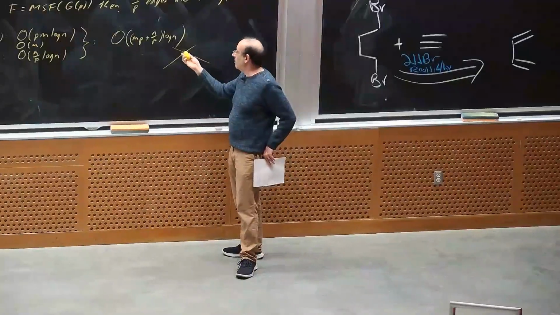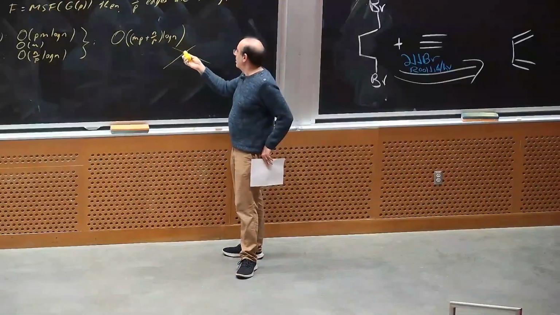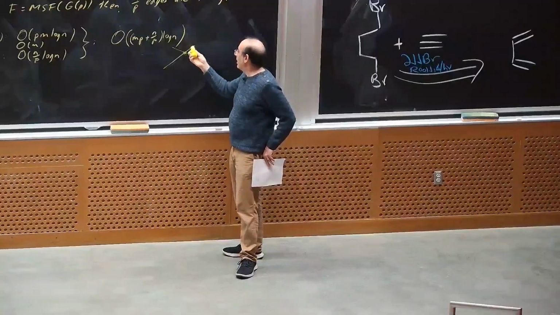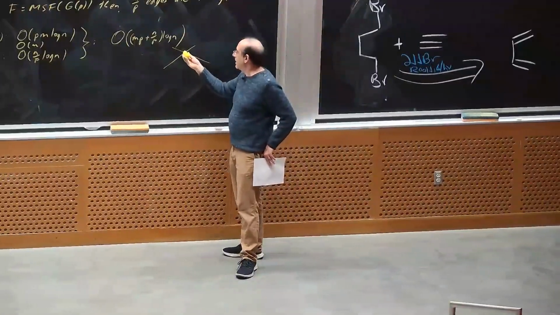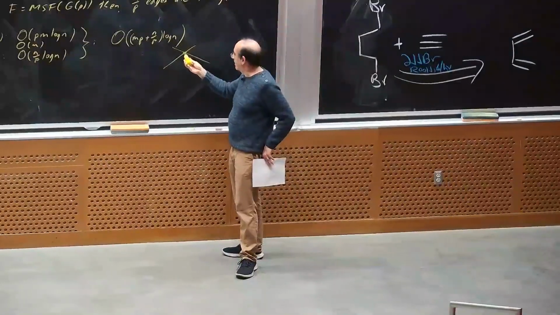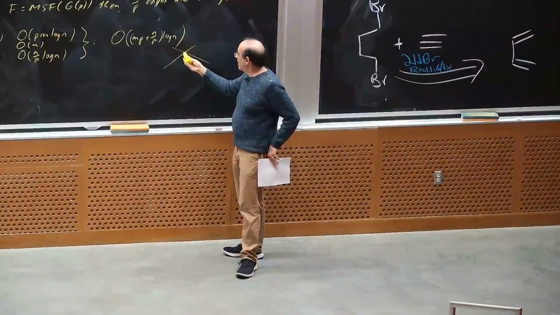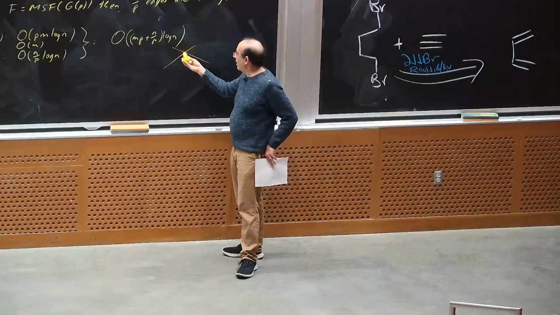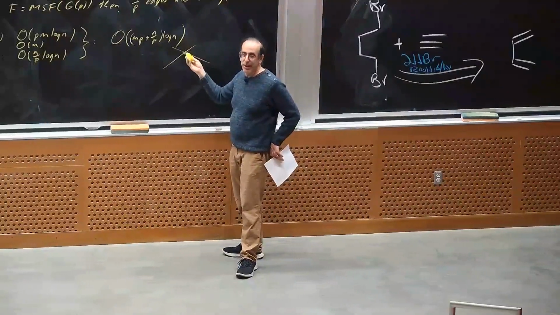Because at this point, both of them are matching. The sum of two values is less than twice the maximum of the two values, right?